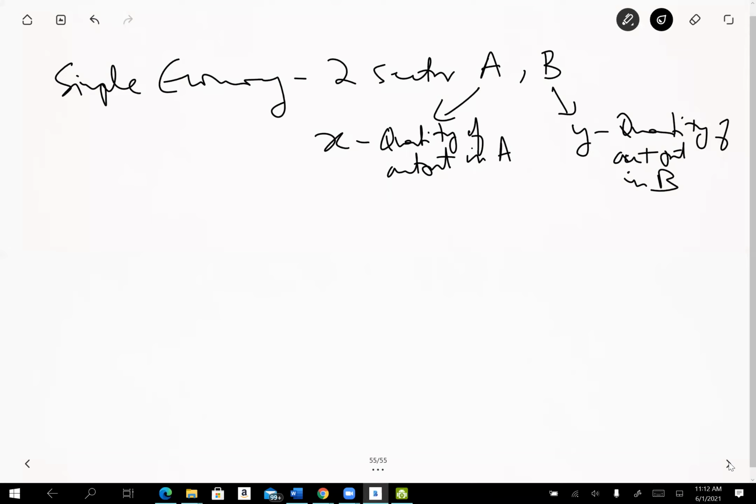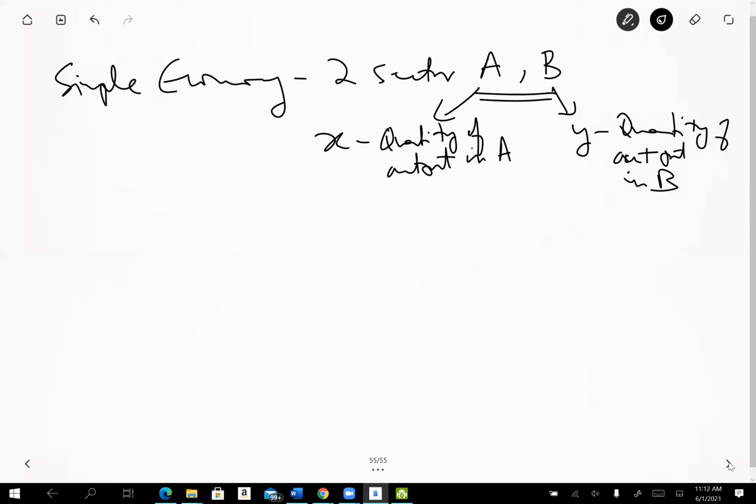So you got the sectors A, B, and the quantities are X and Y. So we will consider the output. The idea is the output from A, which is X, will be used as final consumption and inputs to produce other goods. So here you got 2 sectors.